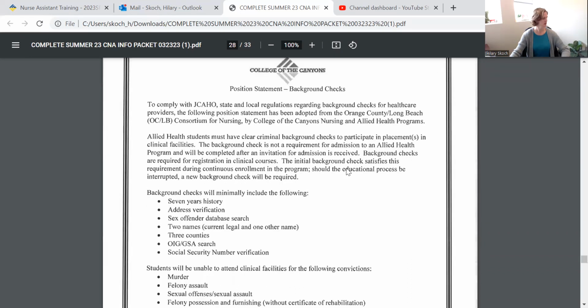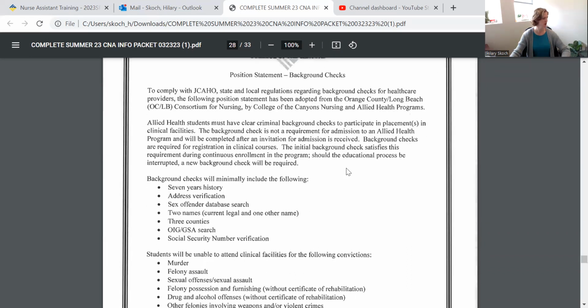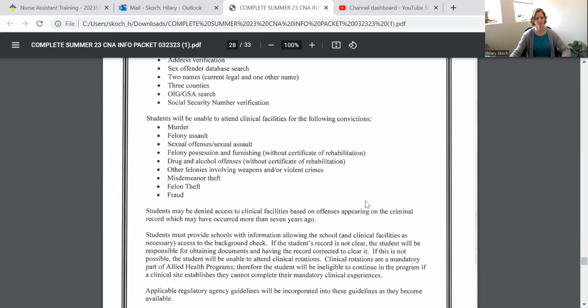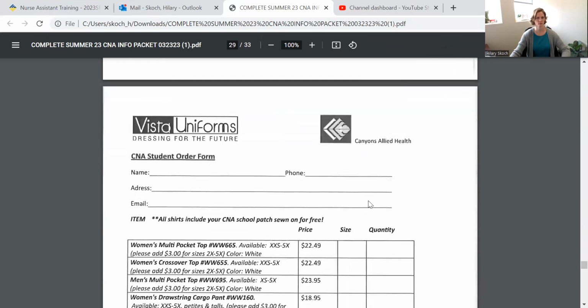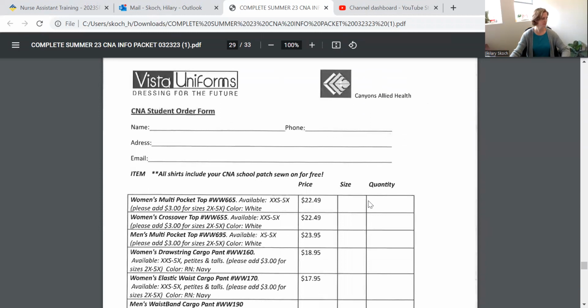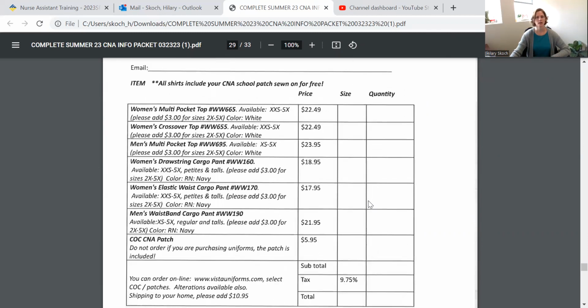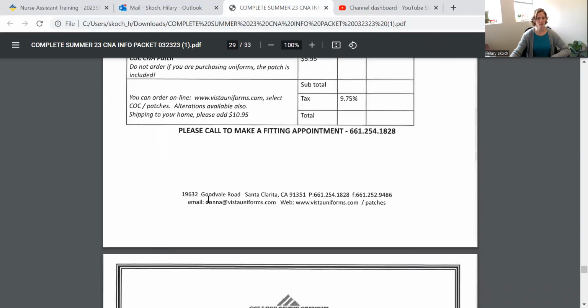Page 28, this is information on what the background check will include. Uniforms will be white shirts, white pants, for CNA students. You may use this contact information.